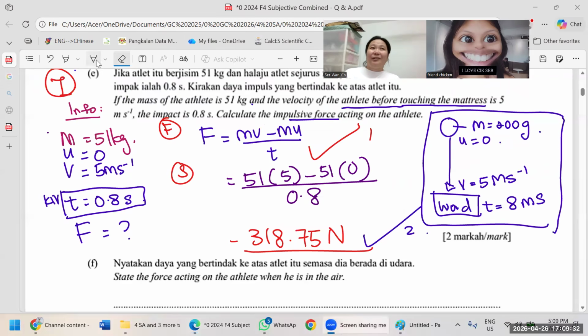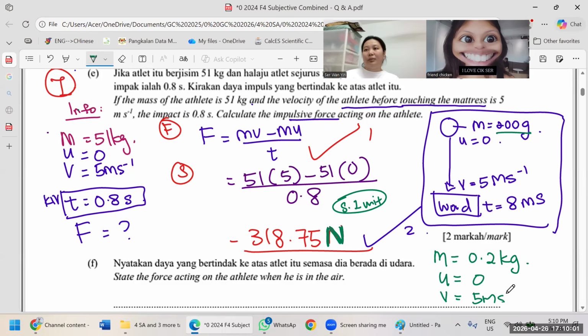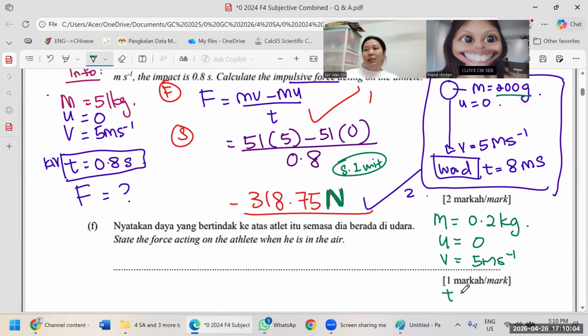By the way, since force is in Newton, Newton means what? Newton means SI unit. SI unit means everything is placed in SI units, which is M equals 0.2 kg, U is 0, V is 5 meters per second, T is 8 millisecond.